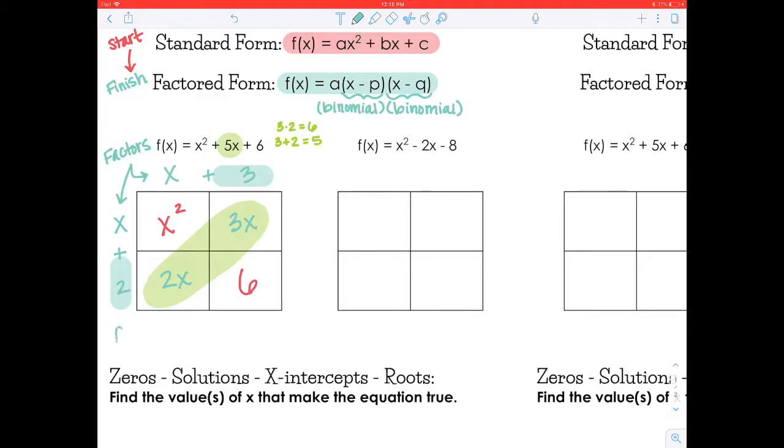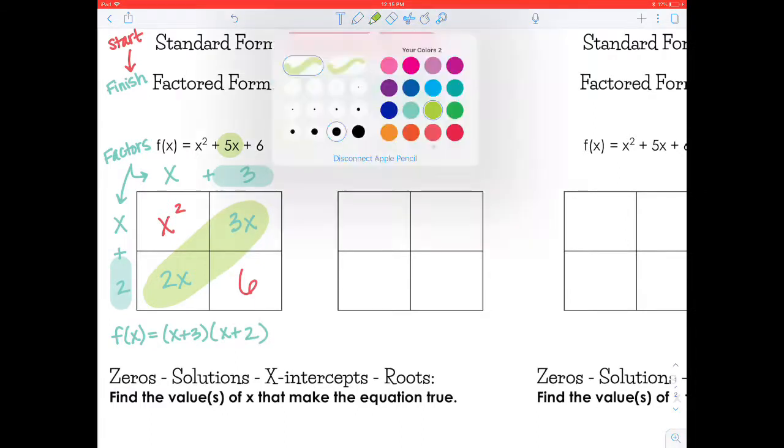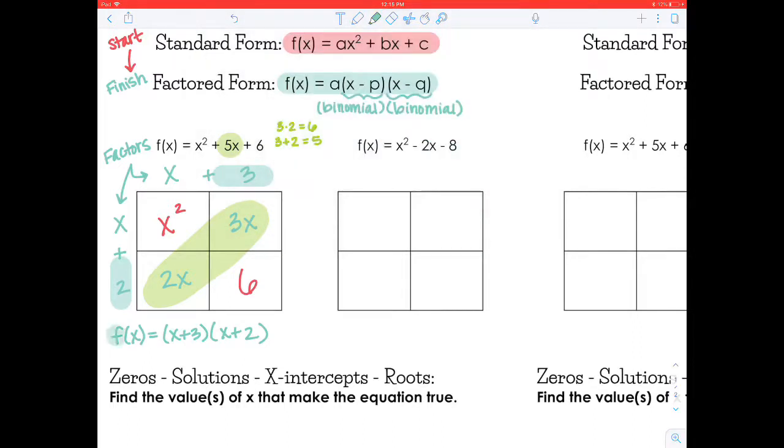So our factored form is going to be f of x equals x plus 3 times x plus 2. Okay, so we just factored the quadratic function and rewrote it from standard form into factored form.